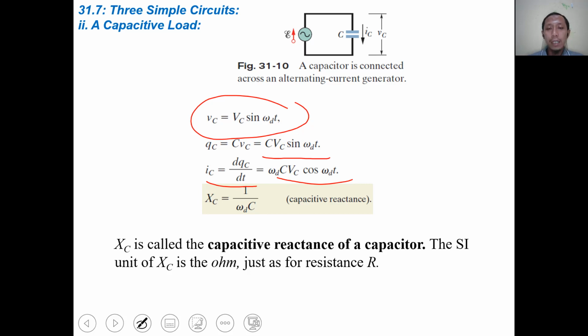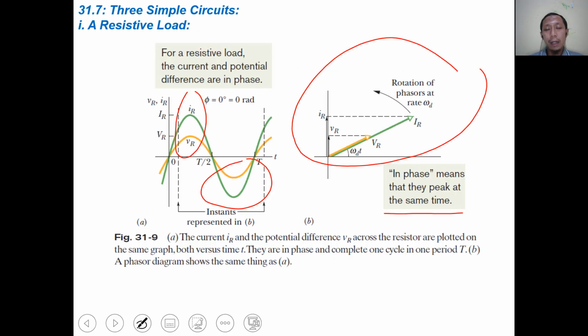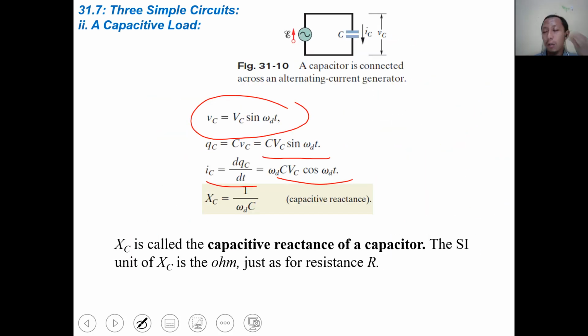If the resistor has resistance R, the capacitor also has an impedance, the capacitive reactance. Capacitive reactance is an impedance. So we have the impedance Z, which comes from R, X_C, and X_L.